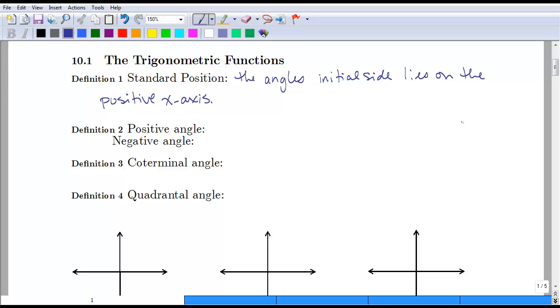In other words, we're always going to be starting with the horizontal, and we're either going to be measuring up or measuring down from this position. If we are measuring up, if we are measuring counterclockwise, then we have a positive angle. If we measure down or clockwise, we have a negative angle.